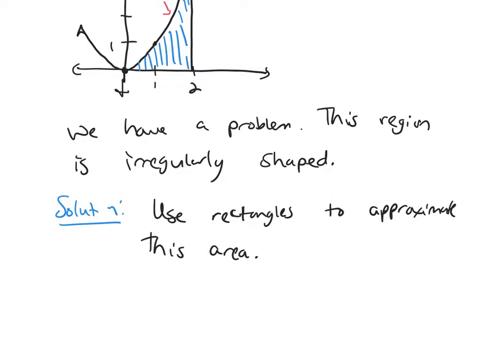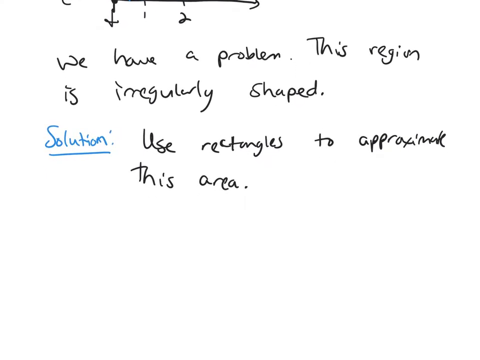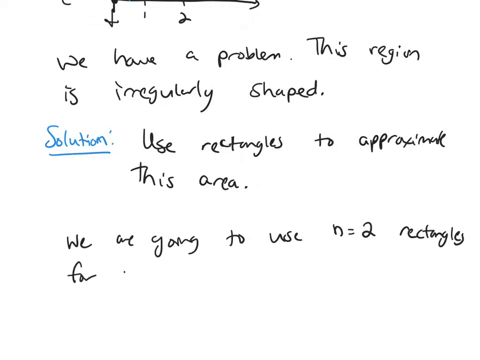All right. So let's go ahead and say we need to choose how many rectangles we are going to use. So let's say we are going to use, and I'm going to use n to represent the number of rectangles we use, n equals 2 rectangles. For this example, we were looking at y equals x squared.